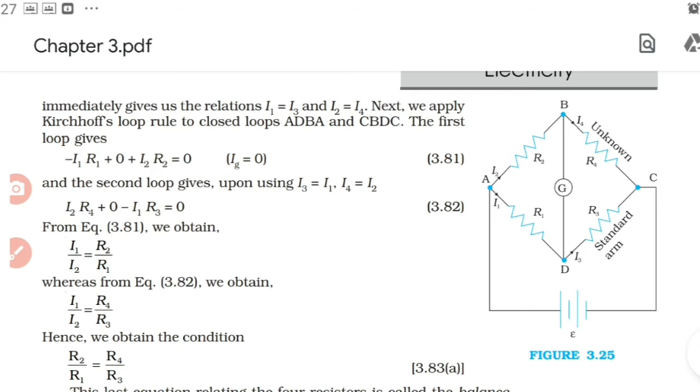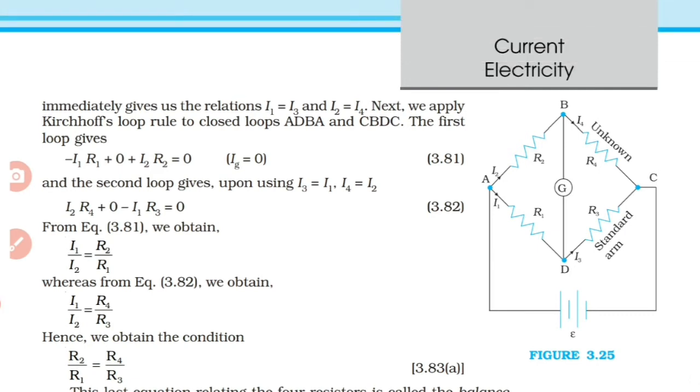Now for the loop CBDC, we have the equation minus I4 R4 plus I3 R3 equal to 0. But we know I4 is equal to I2 and I3 is equal to I1.